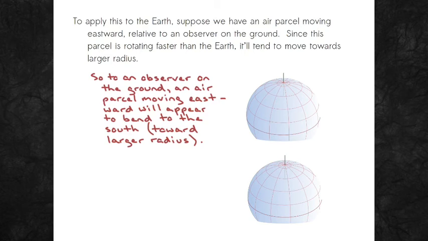Right? So it's moving eastward, which means it's rotating faster than the Earth, and because of that, it wants to go away from the axis of rotation towards a larger radius, and the only way to do that is to bend southward, taking you away from the axis of rotation.